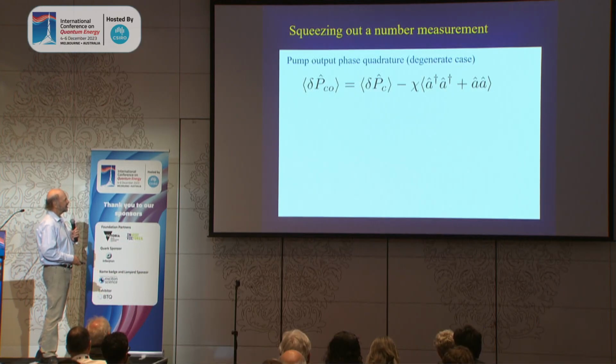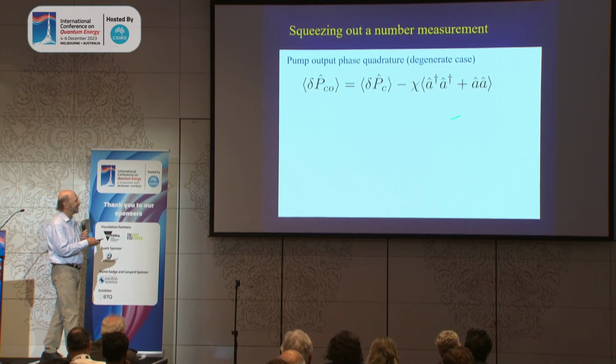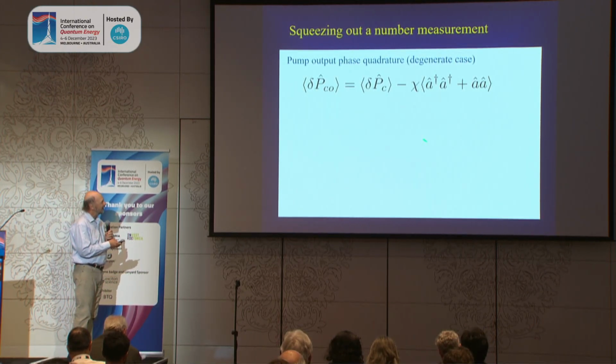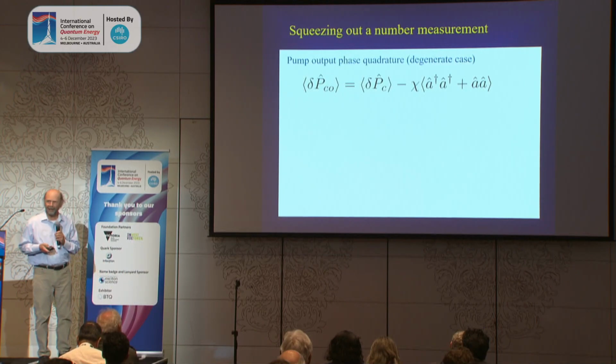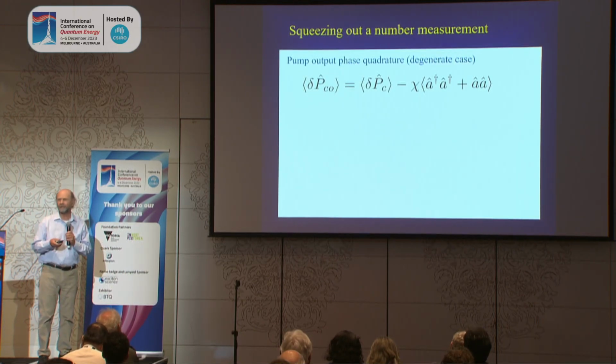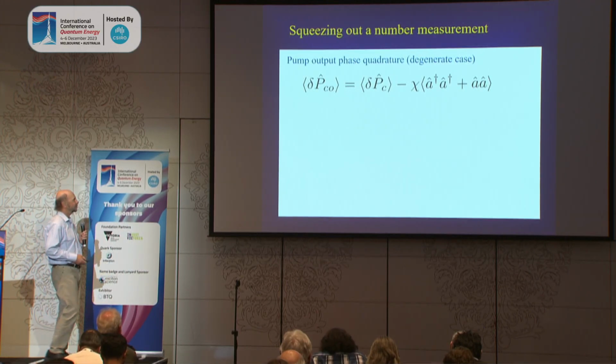So in the degenerate case again, we find that the output phase fluctuations of the pump are the phase fluctuations of the input, but displaced by, again, this nonlinear term, which just scales by chi. So this is the intrinsic nonlinearity of the crystal, and so I can have any pump amplitude; it doesn't matter. And so this is a useful regime to be in.